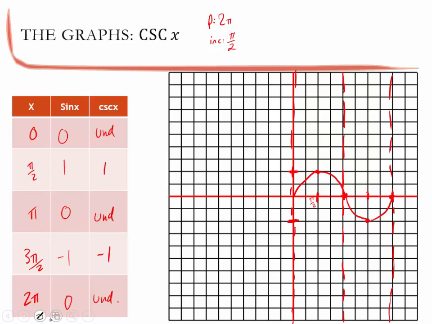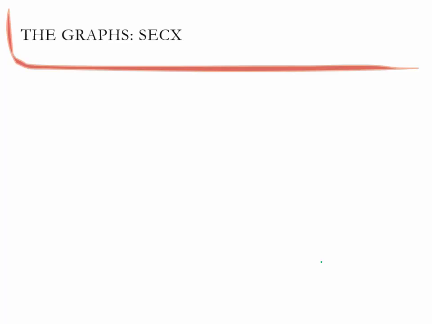And then the vertices of the parabolas are at our peaks and our mins. And so we have a parabola that goes up and down and down. And there it is. You draw something like that, I'll get the point. That was fast. Let's do it again for secant.